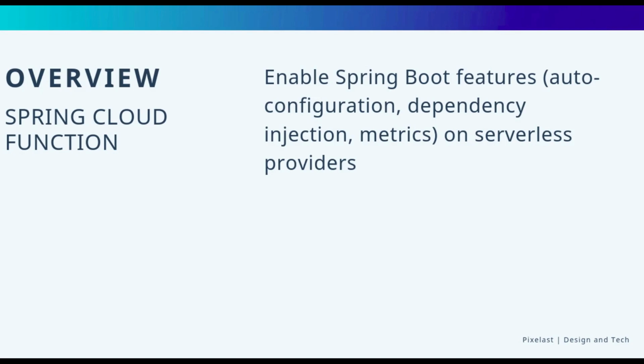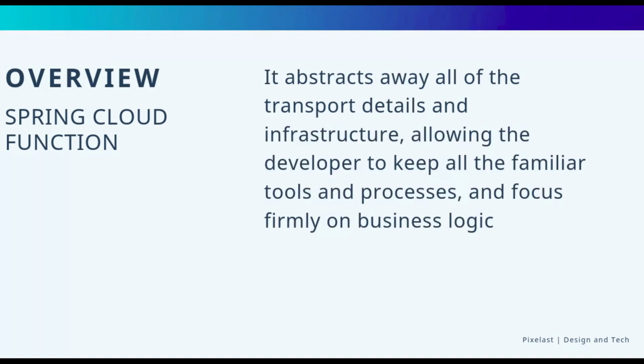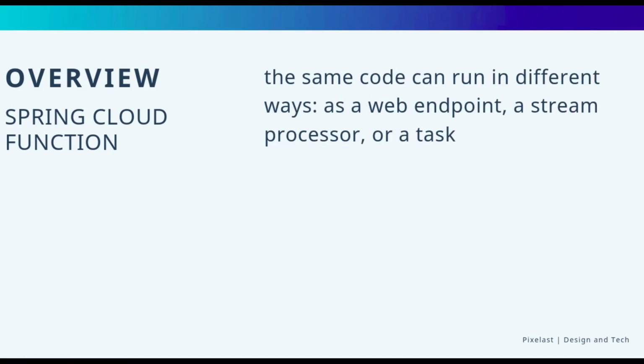Spring Cloud Function enables Spring Boot features such as auto-configuration, dependency injection, and metrics on serverless providers. It also supports a uniform programming model across serverless providers, and abstracts away all the transport details and infrastructure, allowing the developer to keep all the familiar tools and processes and focus only on the business logic.